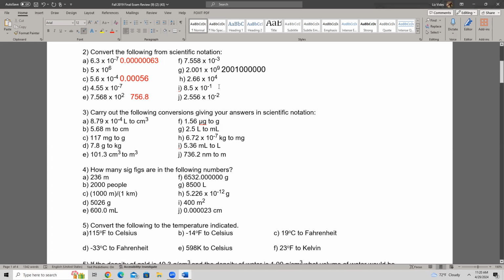The next one we have, oh, and let me color it red so you know that that's our answer. This one is a negative, and it's only moving 1, so it's 0.85. And that's all of them, right? That we're doing.